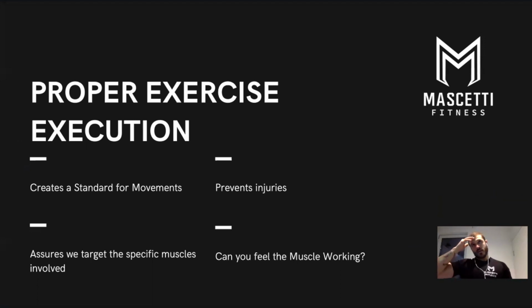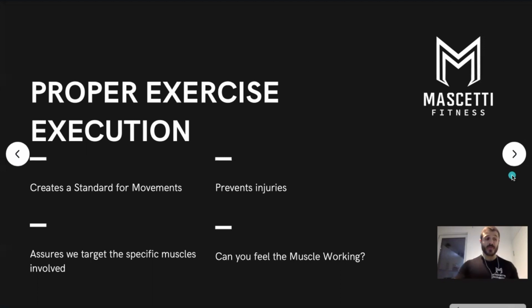Because although there is a proper exercise execution for each exercise, I still want you to target the muscle that you want to target. So you're doing the exercise by the book or on paper, well, my question is, can you feel the muscle that you're trying to work? And this is a question that we keep repeating to you.